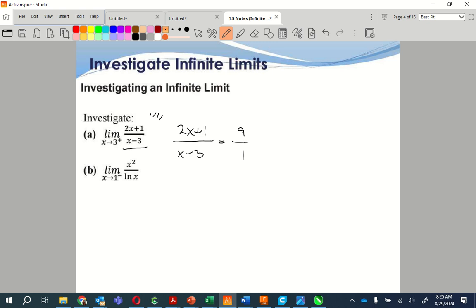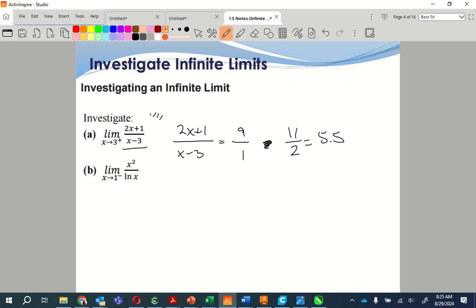Okay, so I can do another one to see where it's going to go from there. If I plug in 5, 10 plus 1 is 11, that would be 11 over 2, which is 5.5.